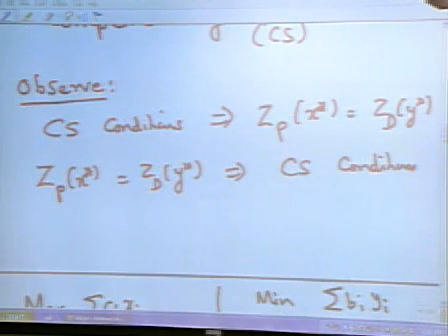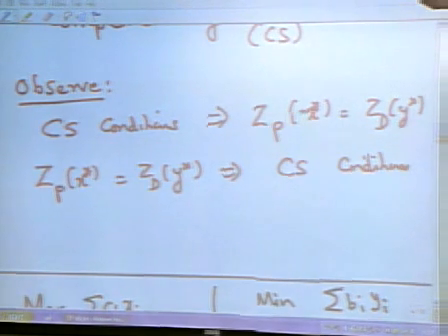Now, I just want you to notice that all of this works in reverse as well. If the CS conditions are satisfied, then these two things have to be equal also. So in other words, if I give you a primal feasible solution, X, and a dual feasible solution, Y, such that these two solutions satisfy the complementary slackness conditions, meaning, if some component of X is strictly positive, then the corresponding dual constraint is satisfied as an equality, and vice versa. If some component of Y is strictly positive, the corresponding primal constraint is satisfied as an equality.